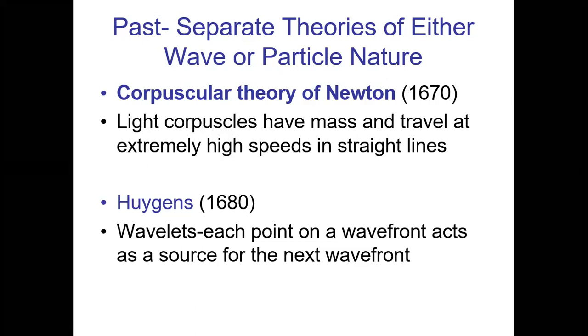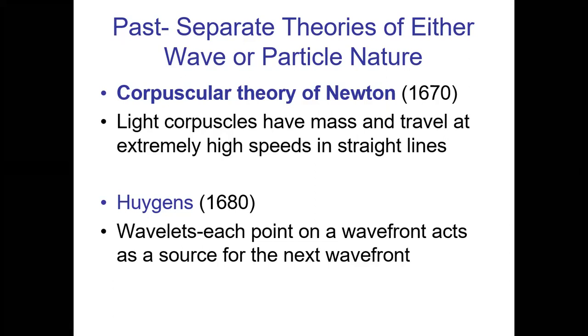According to this theory, light consists of particles which were termed by Newton as corpuscles. These particles have mass and can travel with extremely high speeds.